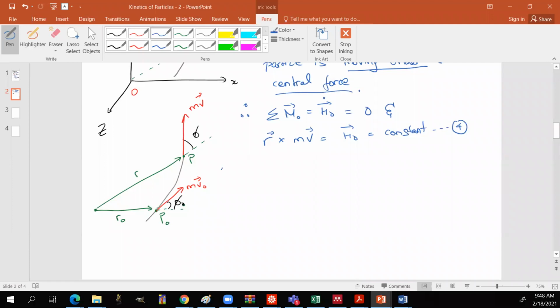So the magnitude, which initially was just R naught times M V naught times sine of phi naught, is equal to R M V times sine phi, right? So angular momentum in both those positions, even the magnitude is the same, right?